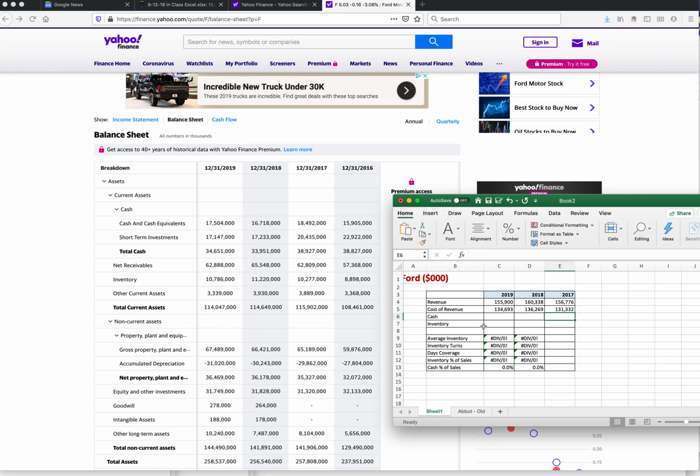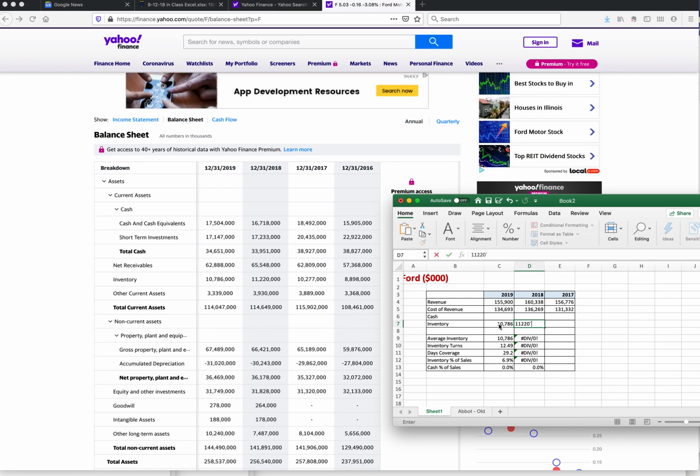So their inventory is a large percentage. So let's put the inventory in as 10,786, 11,220, and 10,277.